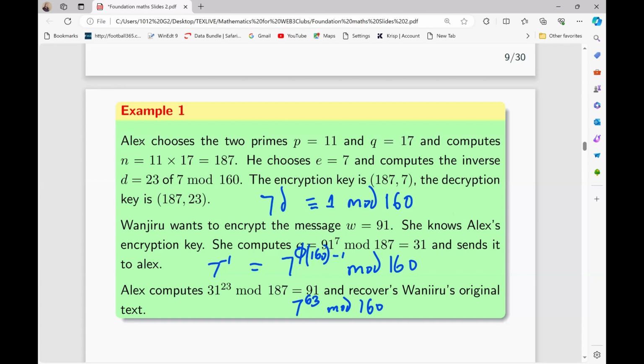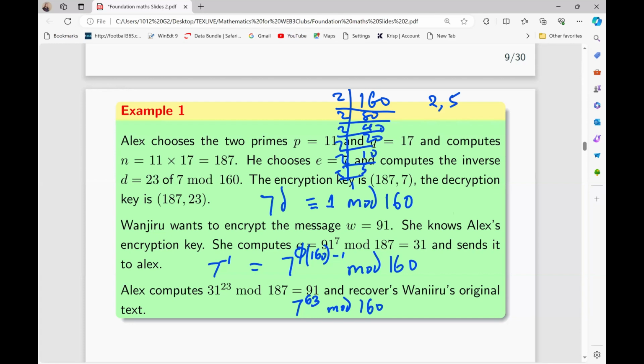But we can do it. We had done it yesterday. So 2 goes there 80, 2 goes there 40, 2 goes there 20, 2 goes there 10, 2 goes there 5, and 5 goes there 1, so the prime factors of 160 are just 2 and 5.